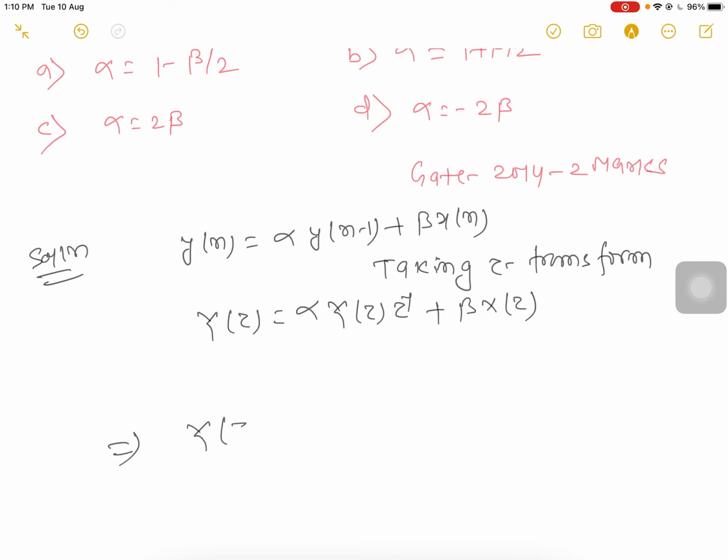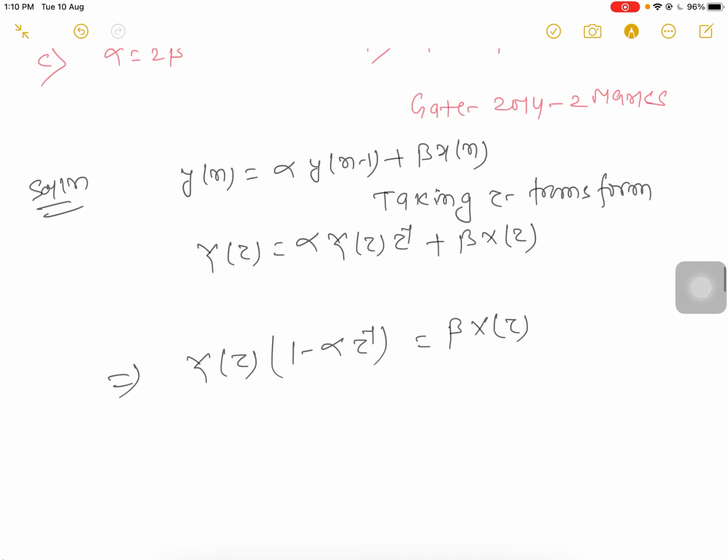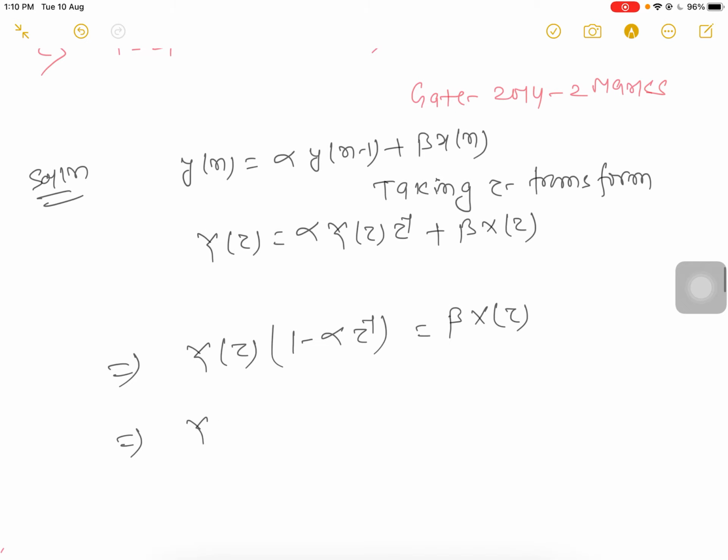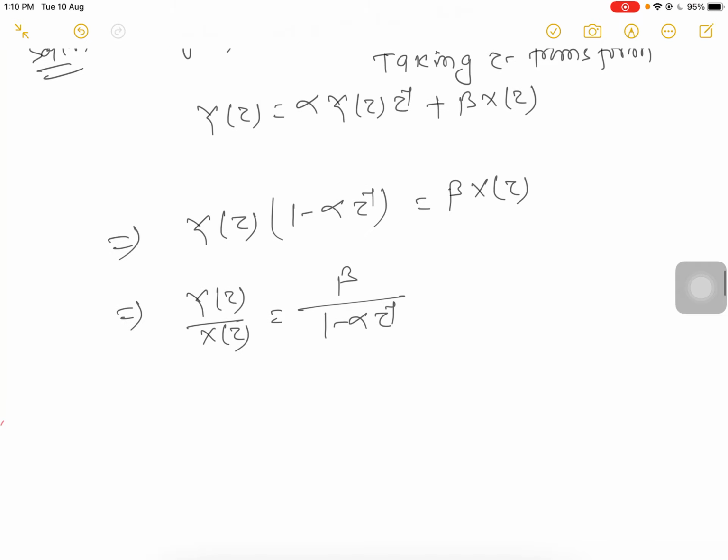Then what will happen? Take Y(z) to one side: (1 minus alpha z inverse) Y(z) equals beta X(z). So Y(z) upon X(z) is beta upon 1 minus alpha z inverse.